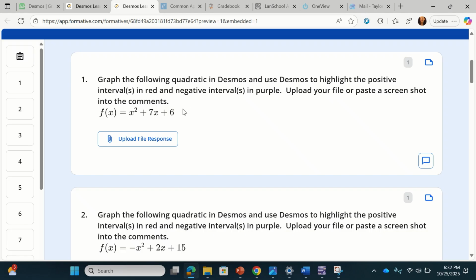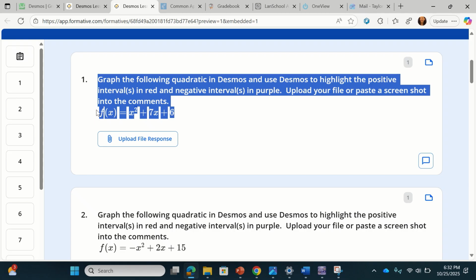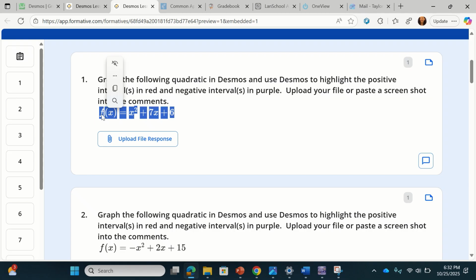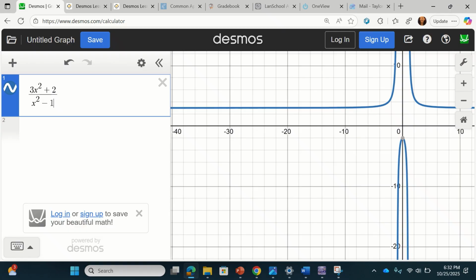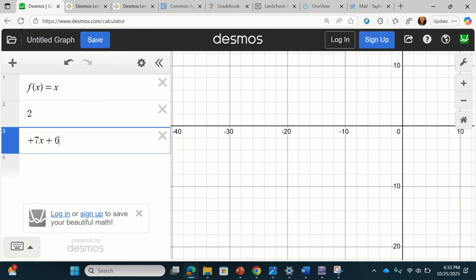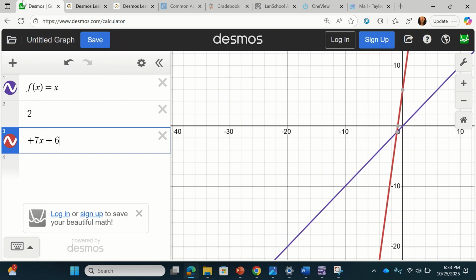Now, I don't know if it will let me highlight this. This might just turn into gobbledygook, but I'm going to try. So let's click over to Desmos. That looks like fun. Well, that did not work, but I actually think we got enough of it that I can tell what happened there.